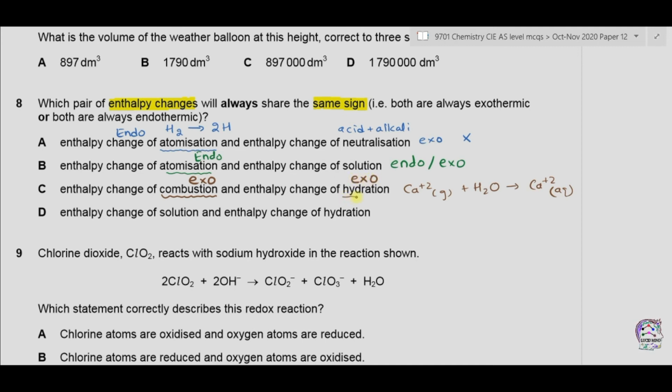So it is also exothermic in nature, so C could be the correct option. In D we have enthalpy change of solution, which is dependent on the type of solute, so it could be exo or endo. And enthalpy change of hydration, which is exothermic in nature. So in C we can see that the enthalpy changes are always the same, so therefore the answer is C.